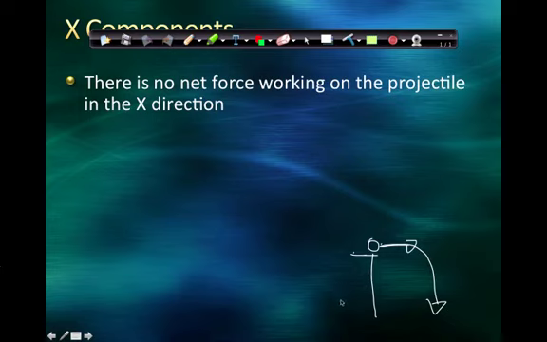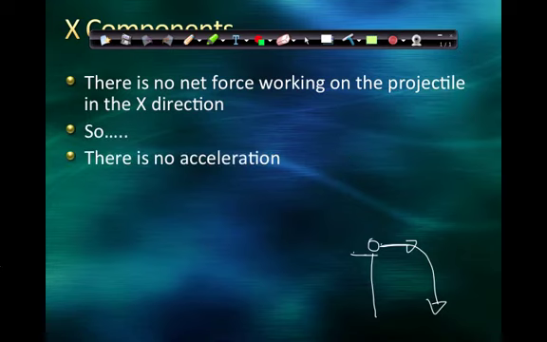Or once you shoot it out of a cannon or anything like that, you're not applying a force after it starts moving. So since there is no applied force here, there's no net force, so basically there is no acceleration. It's not going to slow down or speed up in the x direction.